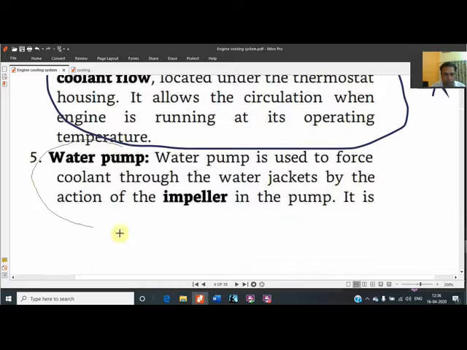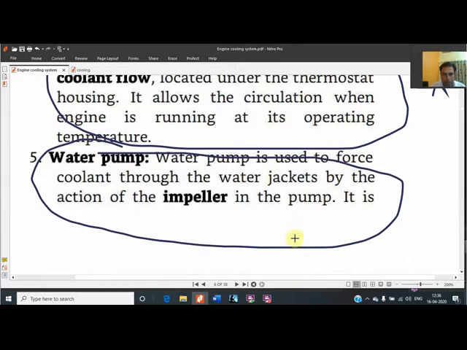The water pump is required for making forced convection flow, because we want forced convection, which, as you already know, is more than natural convection. The demand of the cooling system can only be fulfilled when you flow a certain amount of coolant, in liters per second.